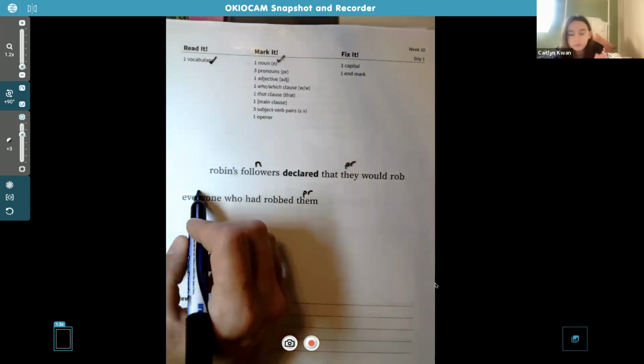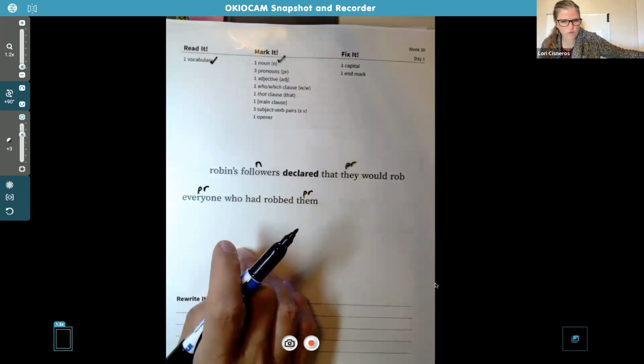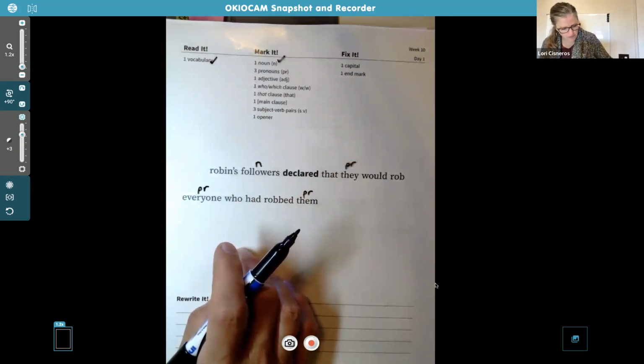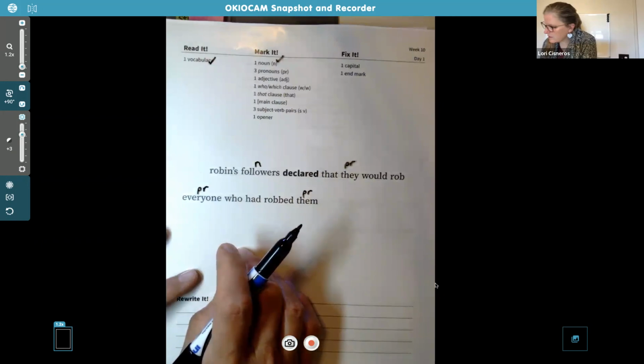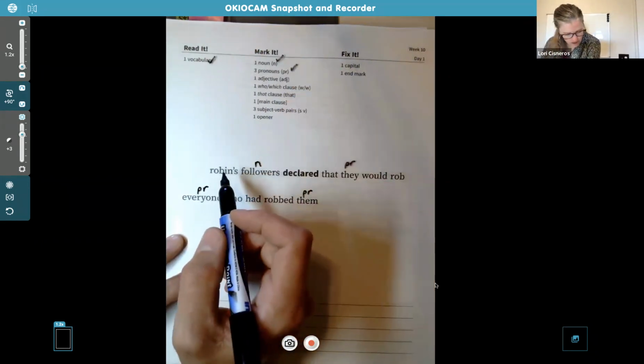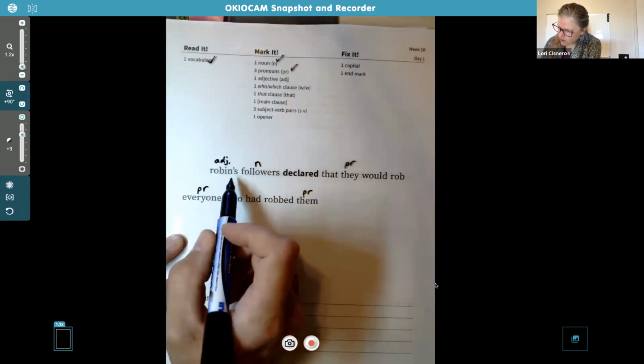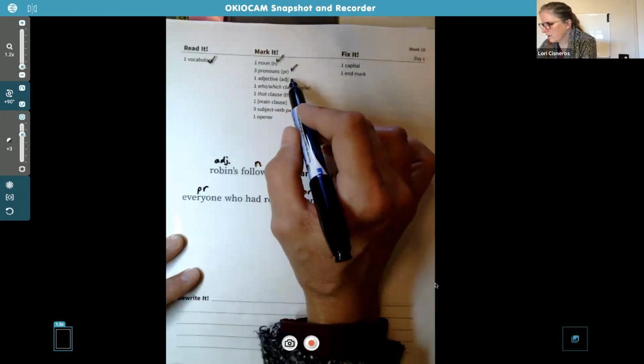Yeah, it's everyone because it's describing a group of people, right? It's not a pronoun that replaces male or female. It's a group of people. Okay. Next is adjectives. I gave that away already. This one here is the adjective because it's describing the followers. So we can mark that one off.